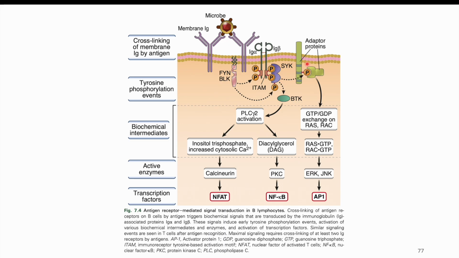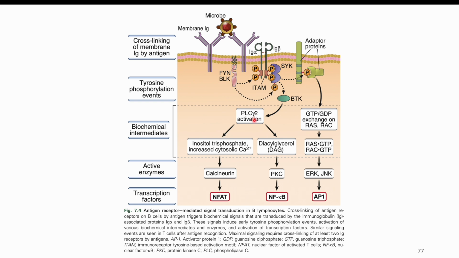Then it gets recognized by other adapter proteins, which recognize the phosphorylated receptor. Once the adapter protein recognizes a phosphorylated receptor, then multiple secondary messenger molecules in the cell help in transmitting the signals which they just received from these receptors.